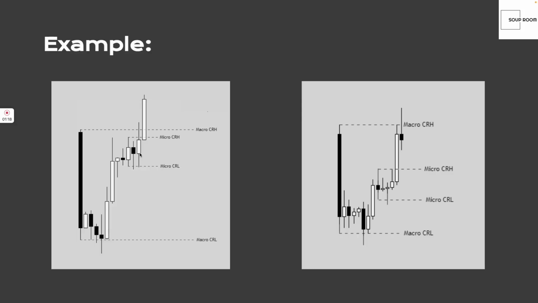Look for your entries below the third candle's open. Order block, entry long. Targeting where? The 8 a.m. candle high. Partials at the 15-minute candle high. Very important. Example number 2.